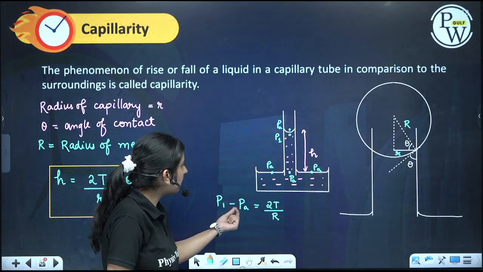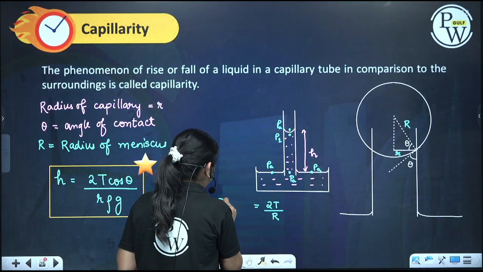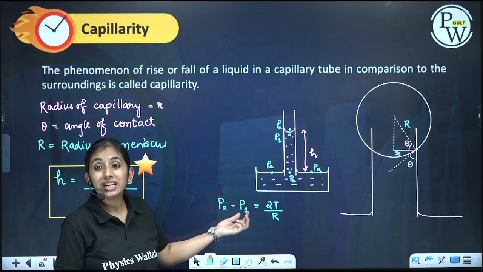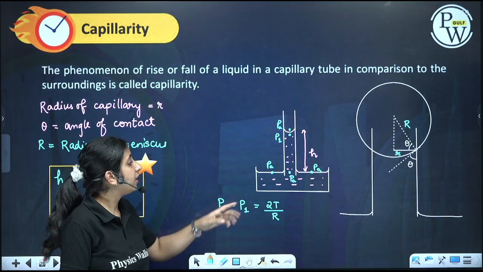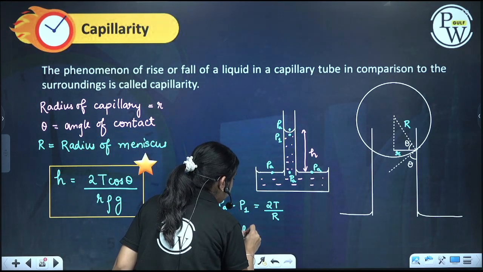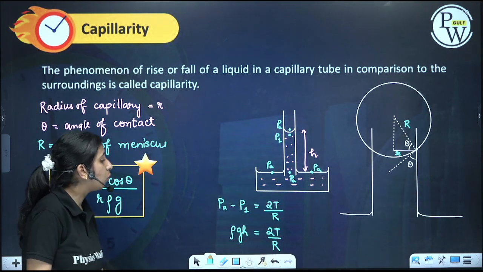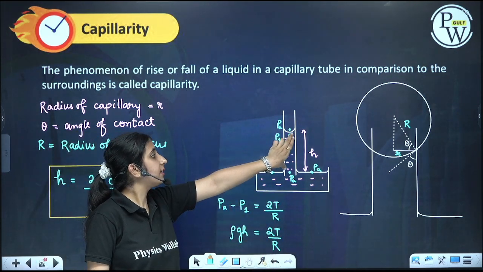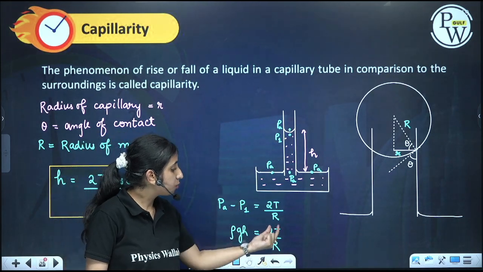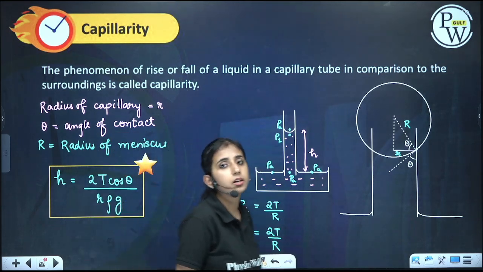P1 is less than P atmospheric by the amount 2T by R. So the pressure due to this liquid column, rho g h, must be equal to the excess pressure, so that the pressure here becomes P atmospheric.